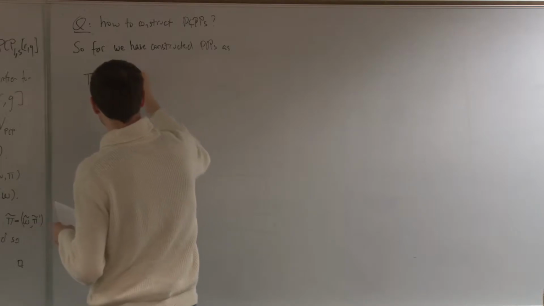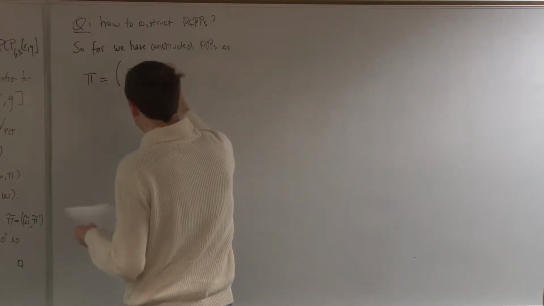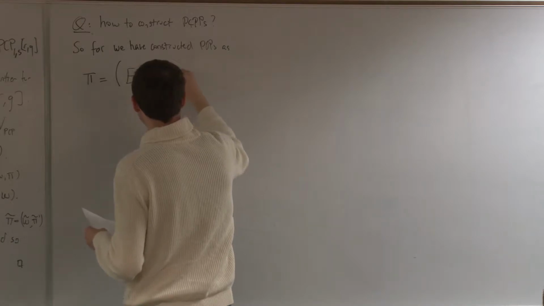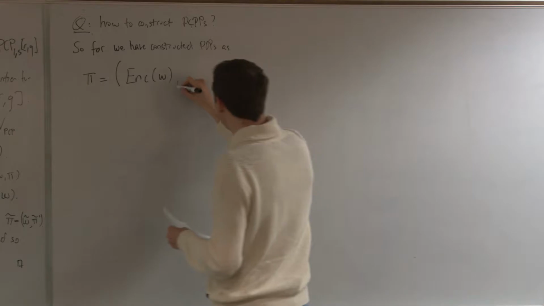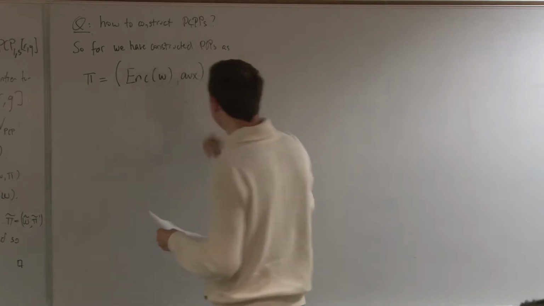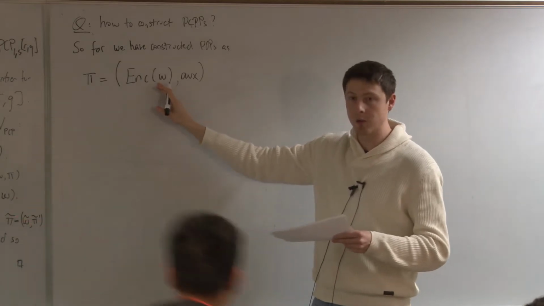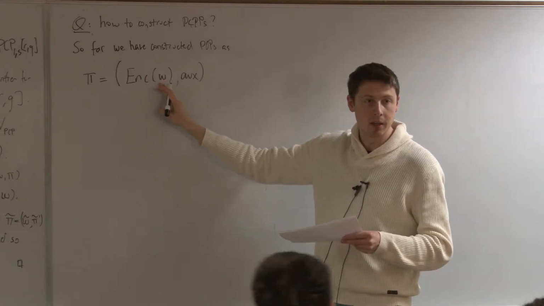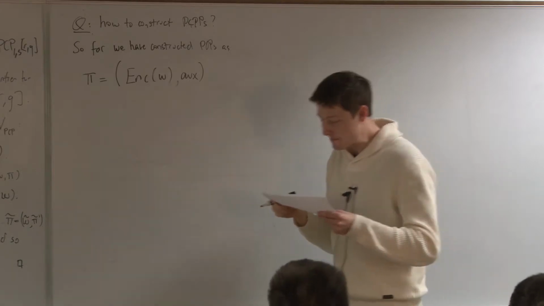We have a proof, and if I look inside the proof, what I find is allegedly an encoding of some candidate witness W, right? And some auxiliary information that the verifier will use to check that whatever is encoded here is a valid witness, okay?